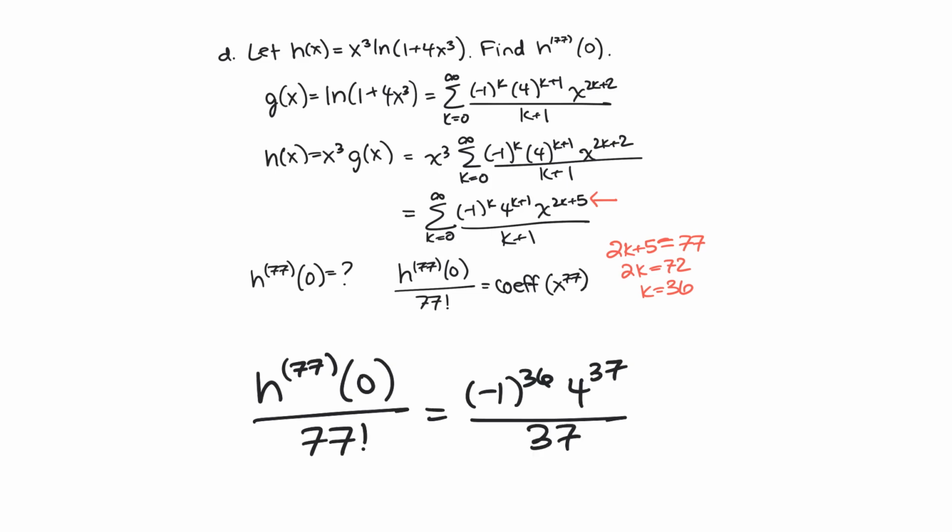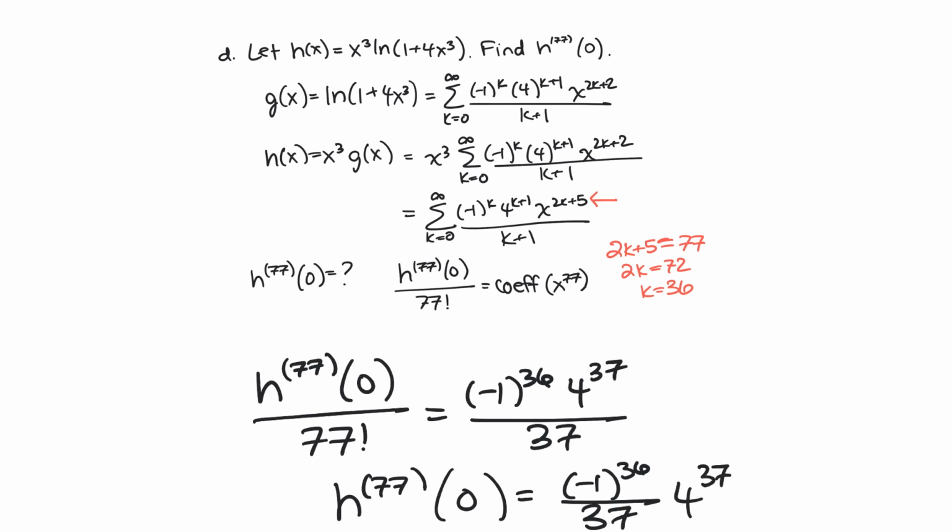And now I want to solve for the 77th derivative of h at 0. So I just move the 77 factorial to the other side. So the 77th derivative of h at 0 is negative 1 to the 36th, which is just 1, but we can write it, over 37, 4 to the 37th times 77 factorial. And that's it.